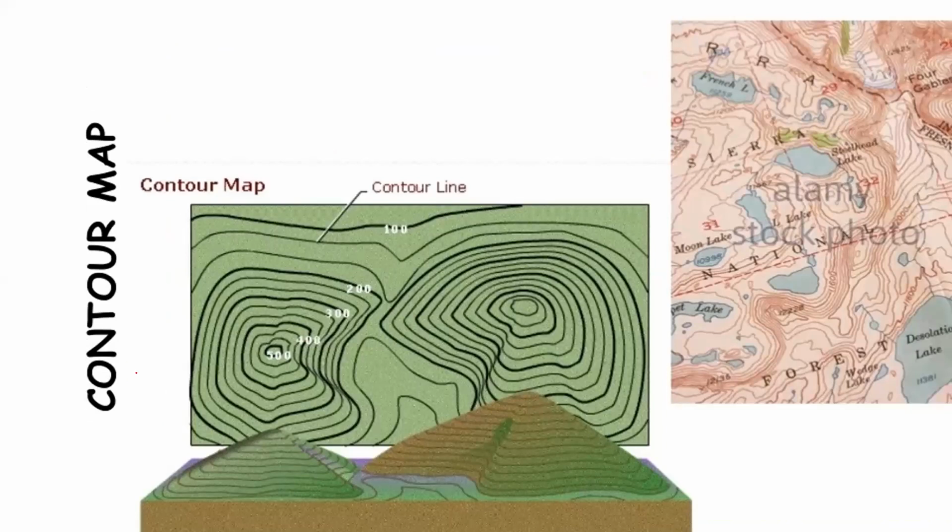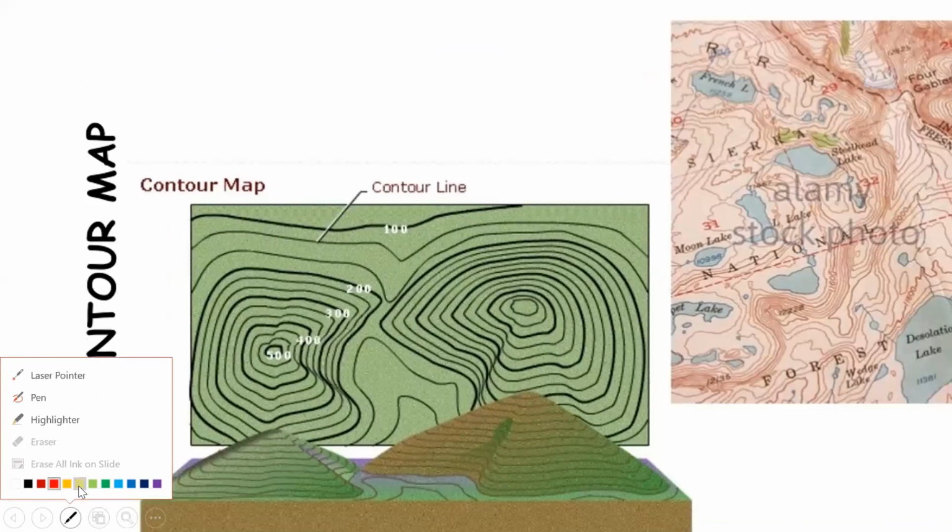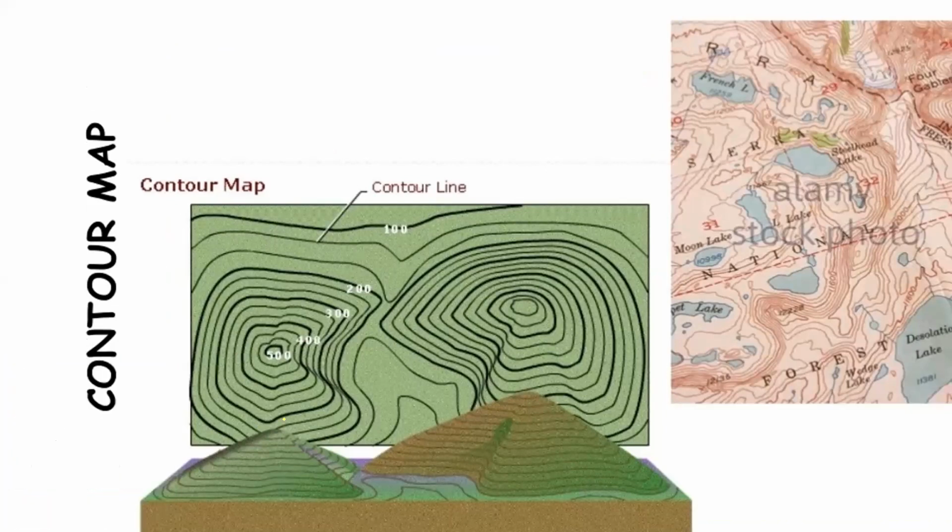Here, two hills are present. So how can we measure directly by seeing these data?